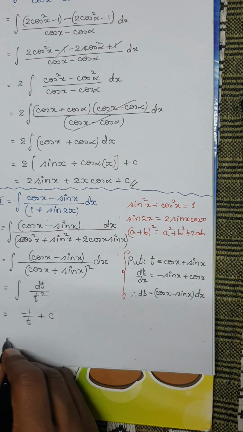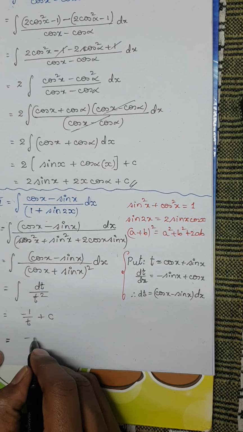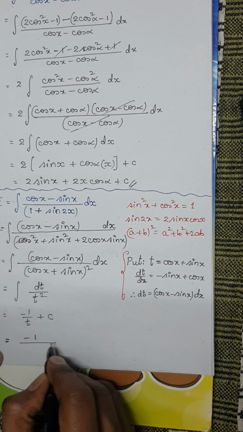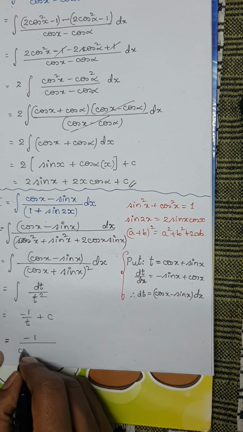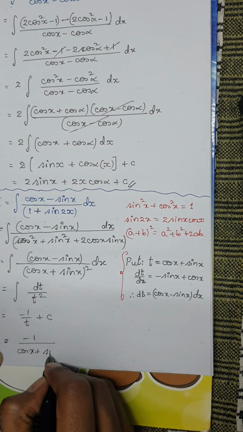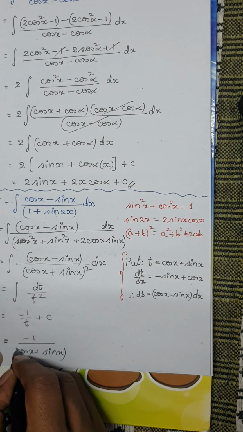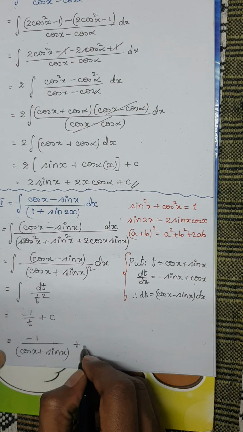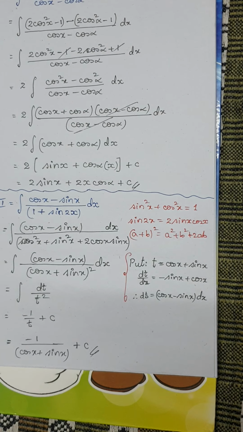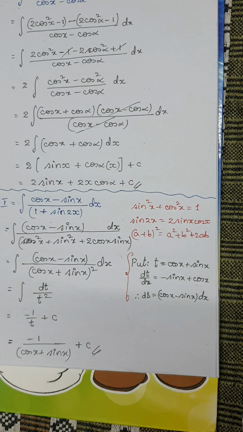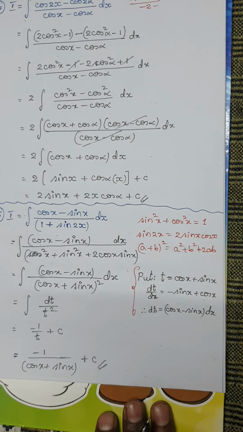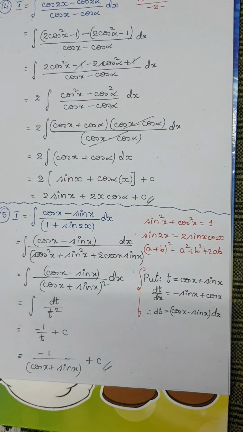Now we are not supposed to keep it in terms of t. Let me replace back for t. It is minus 1 divided by t, and t is cos x plus sin x. So minus 1 divided by (cos x plus sin x) plus c, the constant of integration. And this would be the final answer for the given integral.